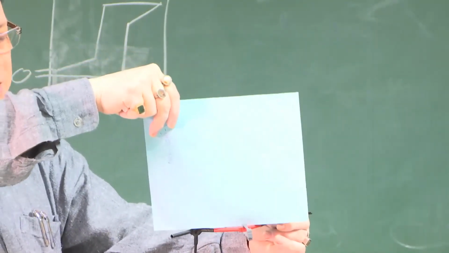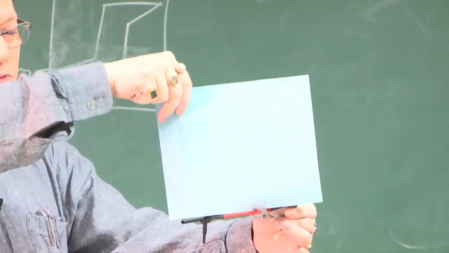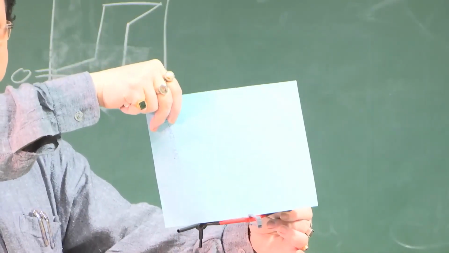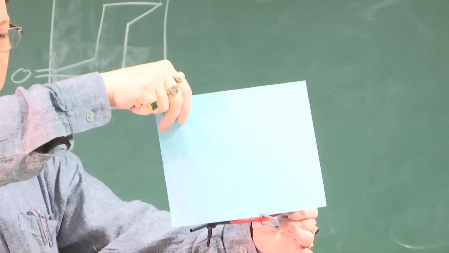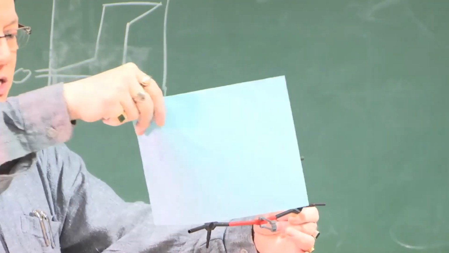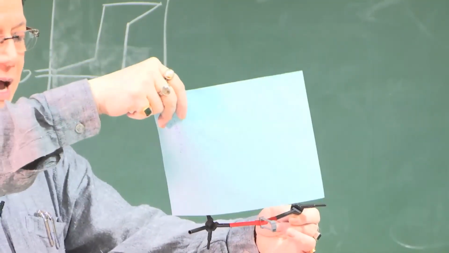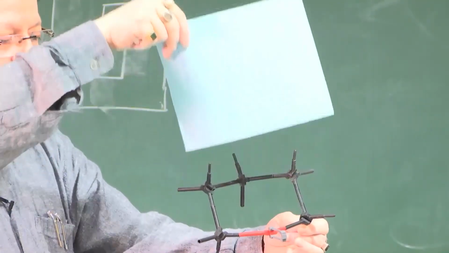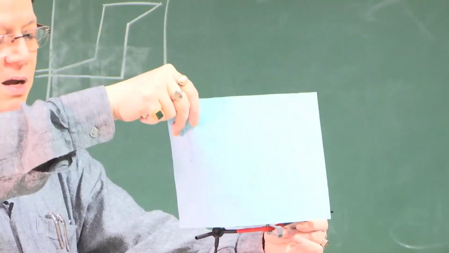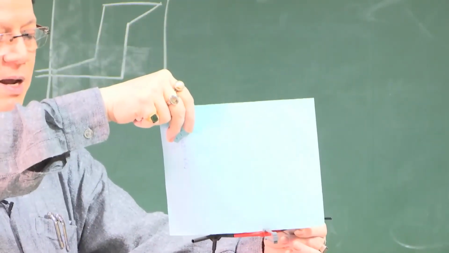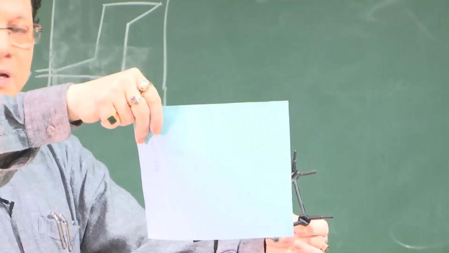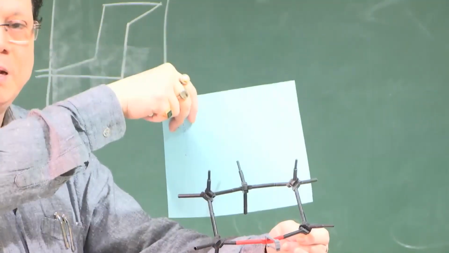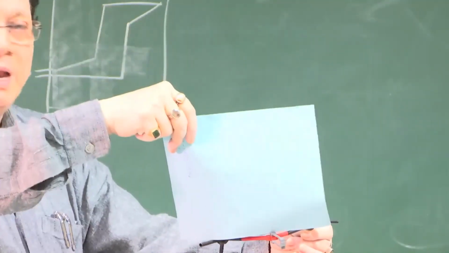One is the space in front of this plane that I am holding, going in this direction towards the observer. Another is the space going behind the observer. So, this is basically the front space and this is the rear space, going behind.